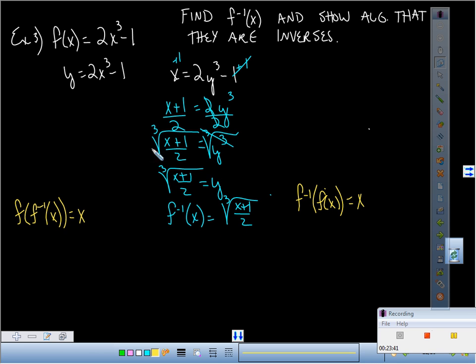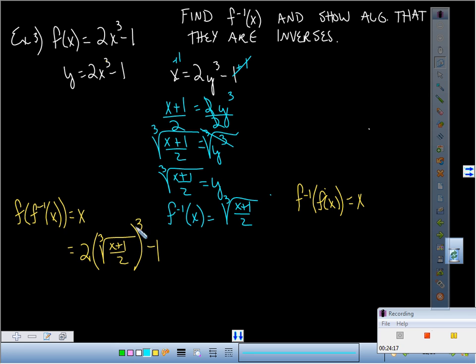What one does, the other one undoes. So this one's going to be, I'm going to plug this into that. F inverse goes into the f. So 2 times the cube root of (x plus 1) over 2, I'm raising it to the third power, and then I'm minus 1.